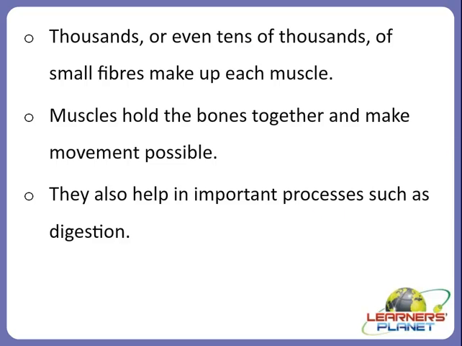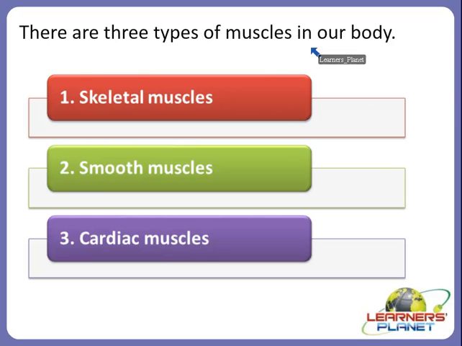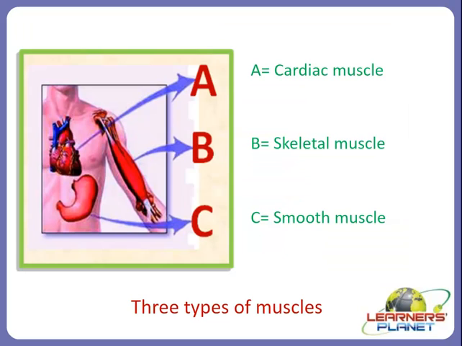Because of these, muscles are divided into 3 types. Let us see. Yes, there are 3 types of muscles in our body. First is the skeletal muscles, second smooth muscles, and third cardiac muscles. Let us study about each of these muscles in detail.